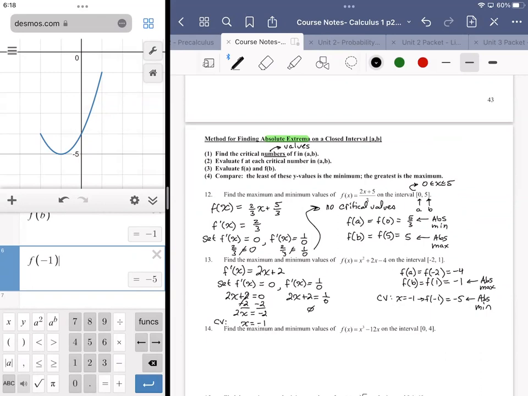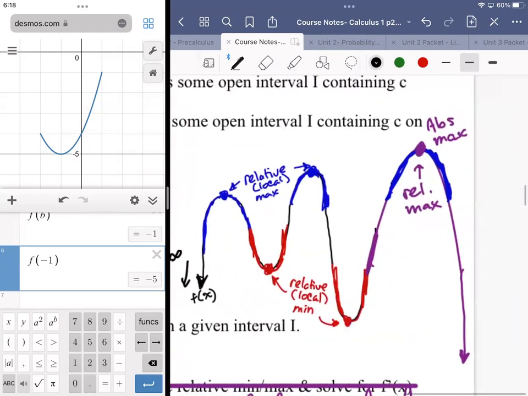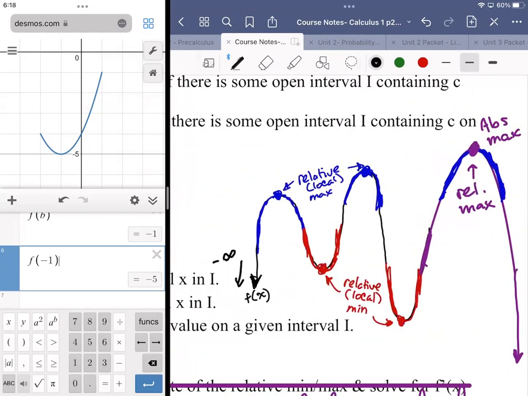A turning point could be, if we just go back to this dreadful diagram, any one of these turnaround points here, here, here, here, and also here. Any one of those would correspond to critical values.